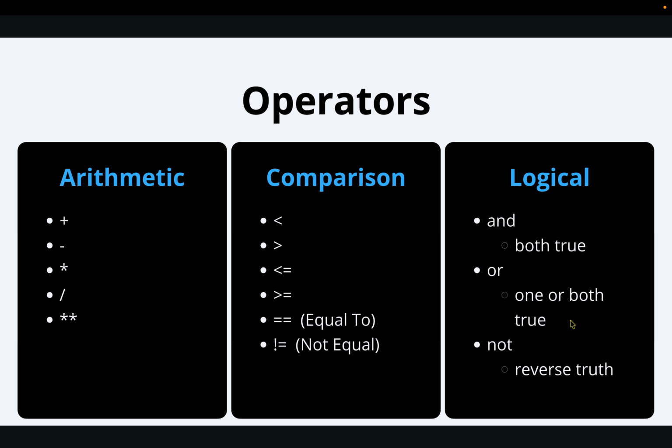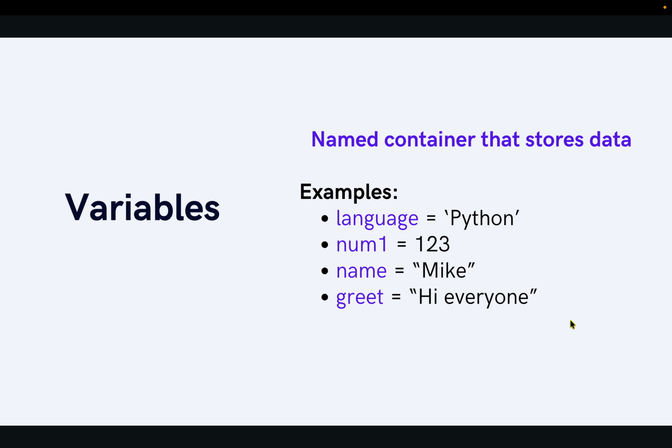For the equal to, I want to point out that in this case it has two equal signs. You need two equal signs because if we go back, you see that for variables, it uses one equal sign to understand that you're assigning a value to a variable. That's where one equal sign is used.